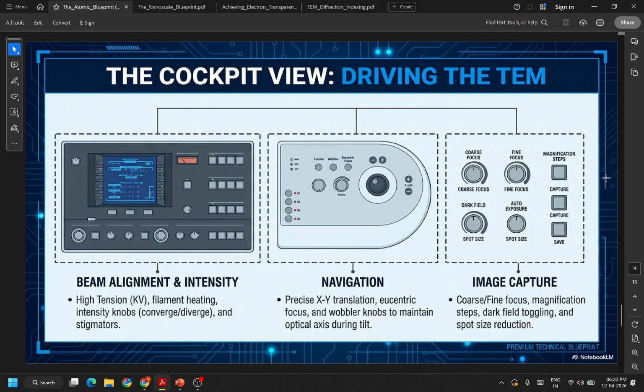Then you have navigation, which is precise XY translation of your sample. Use eucentric focus and wobbler knobs to maintain optical axis during tilt.